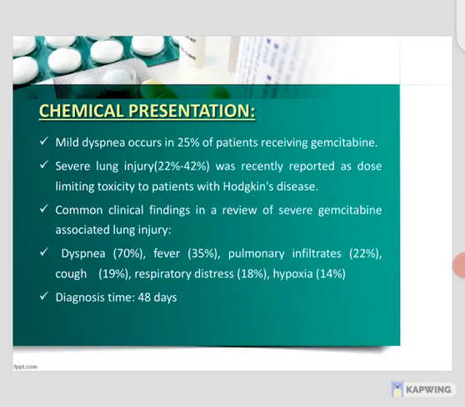Common clinical findings in a review of severe gemcitabine-associated lung injury: dyspnea 70%, fever 35%, pulmonary infiltrates 22%, cough 19%, respiratory distress 18%, hypoxia 14%. Diagnosis time is 48 days.